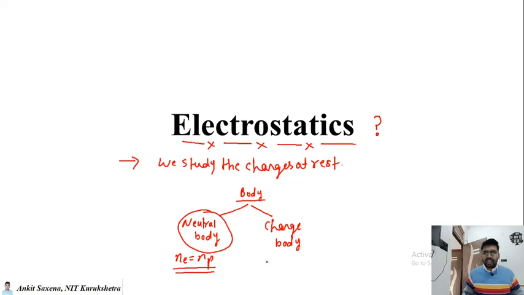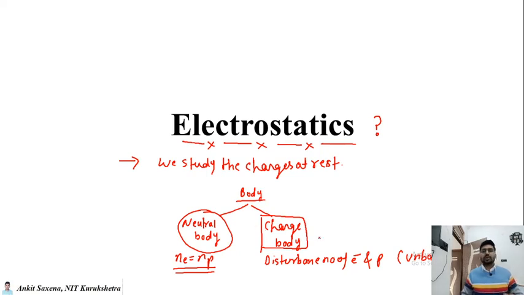But if there is a disturbance between the number of electrons and protons, or you can say there is an unbalanced number of electrons and protons, in that case the body is said to be a charged body.